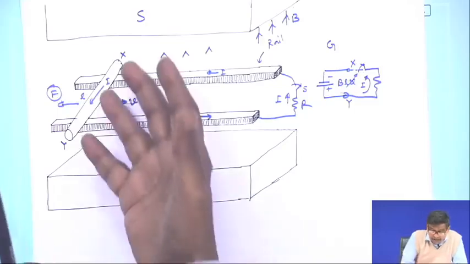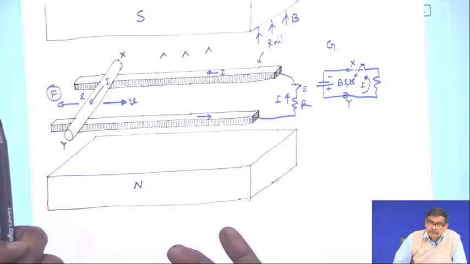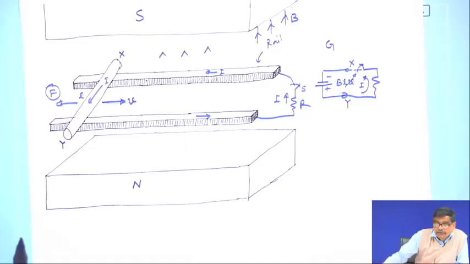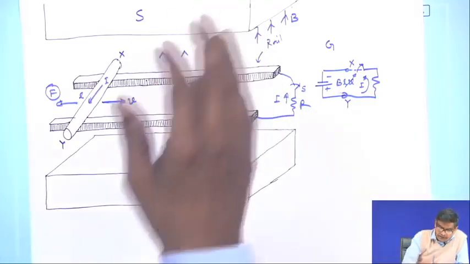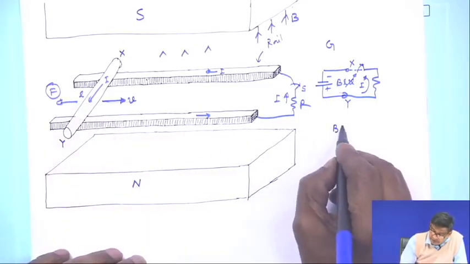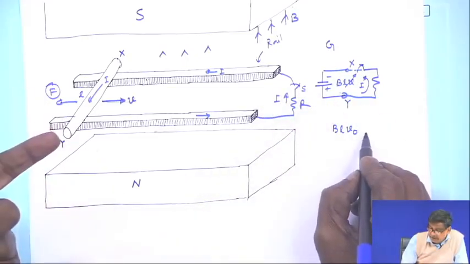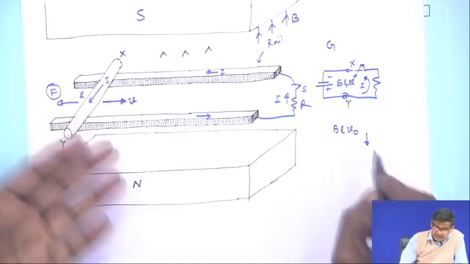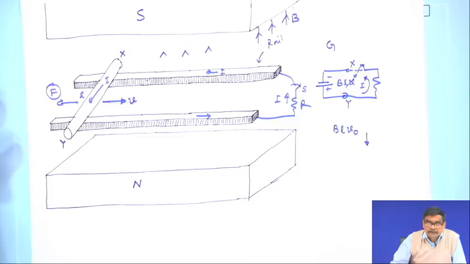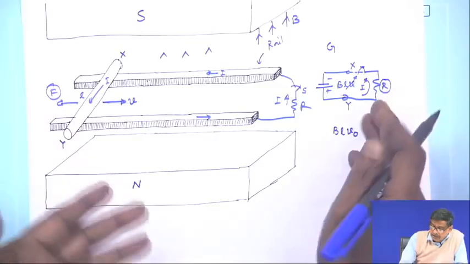Finally, what will be the fate of this motion? Finally, it will come to a stop, because no one was helping the conductor to push along. Initially, it was given some initial velocity, suppose the initial velocity was V naught. Then after closing the switch, I find V naught decreases progressively, and finally it becomes 0, and the game will be over. Now, the question is, what is the amount of energy which will be dissipated in R?